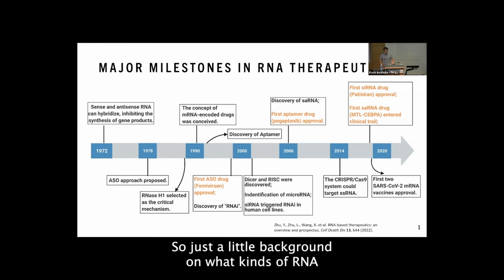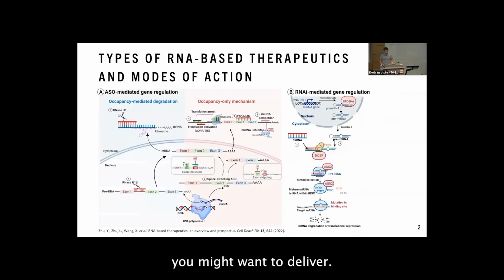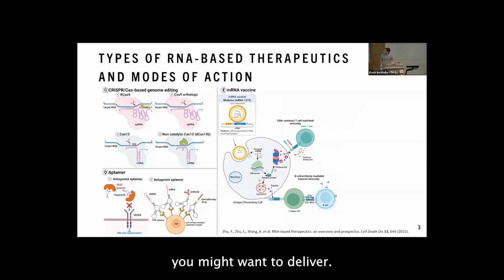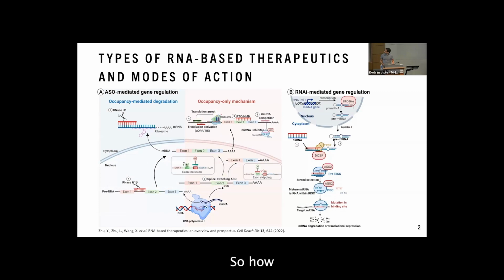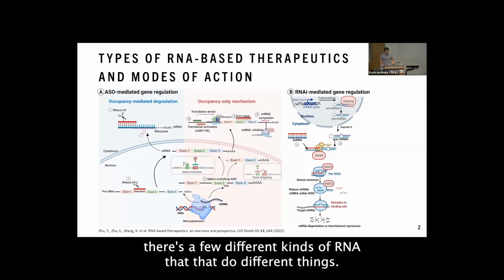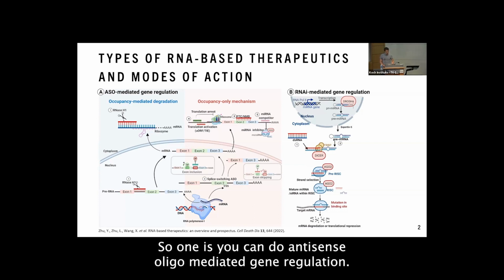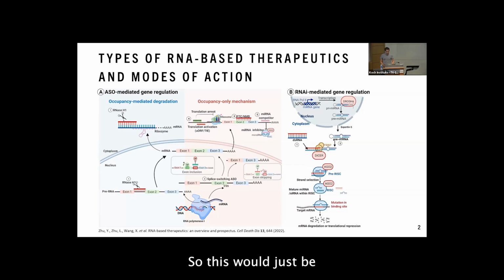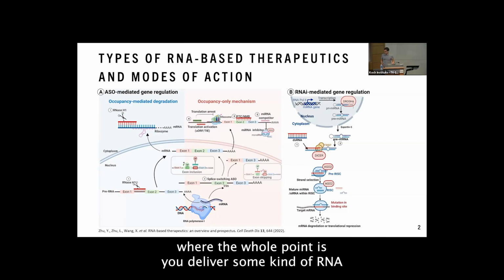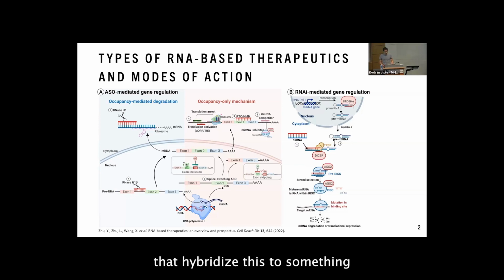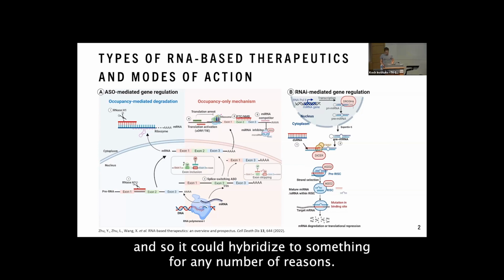So just a little background on what kinds of RNA you might want to deliver. There's a few different kinds of RNA that do different things. One is antisense oligo-mediated gene regulation, where you deliver some kind of RNA that hybridizes to something, and it could hybridize for any number of reasons.